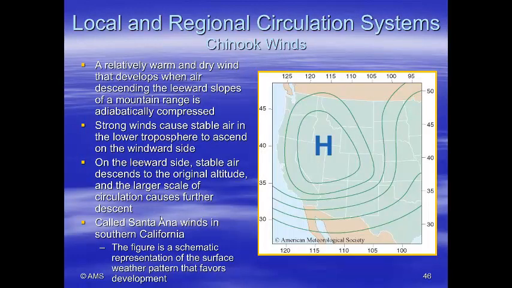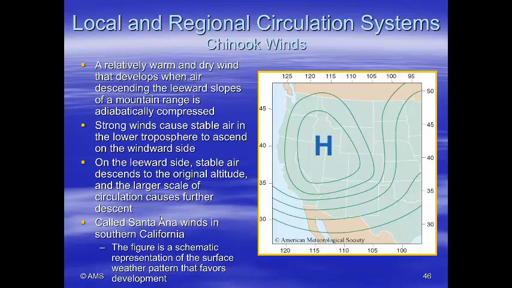We can also end up with Chinook winds, and these are relatively warm and dry winds that develop when air descending over the leeward side slopes of the mountain range is adiabatically compressed. So when air is compressed adiabatically, it begins to warm, and we get strong winds because stable air in the lowest troposphere ascends on the windward side.